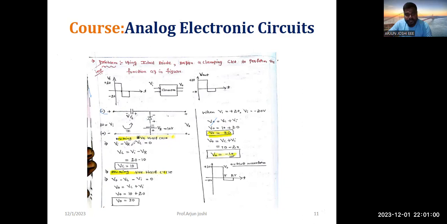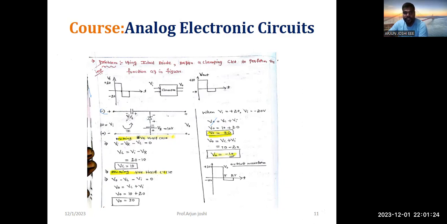Apply the KVL: minus to plus, Vi minus Vr minus Vc is equal to 0. Vc is equal to Vi minus Vr. Substitute Vi is equal to 20, Vr is nothing but minus 10. Total Vc is equal to 10.